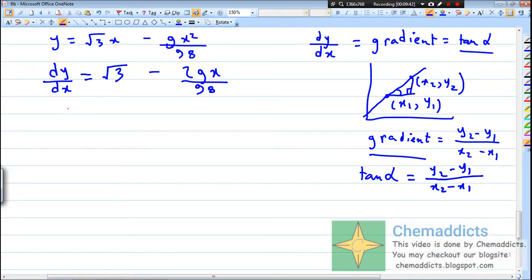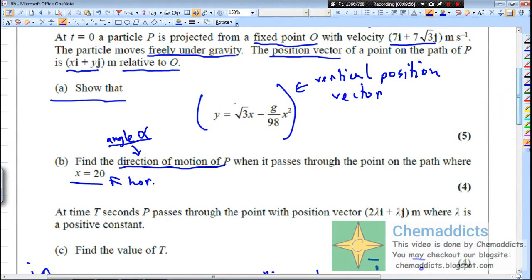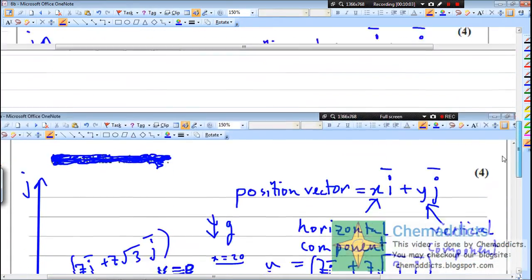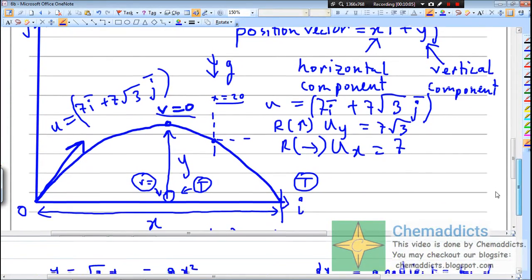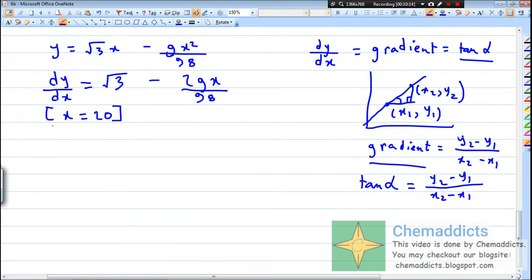So now let us substitute the value x equals 20. From the question over here, the value of x given here is 20, which is the horizontal component of the position vector. Since the horizontal component of the position vector here is 20, we're going to substitute this value 20.